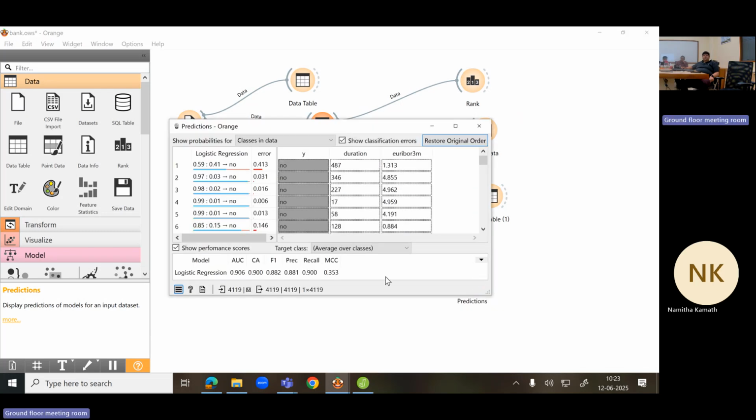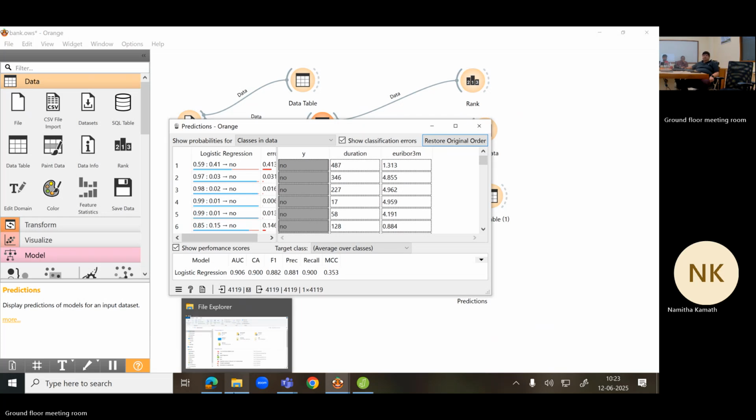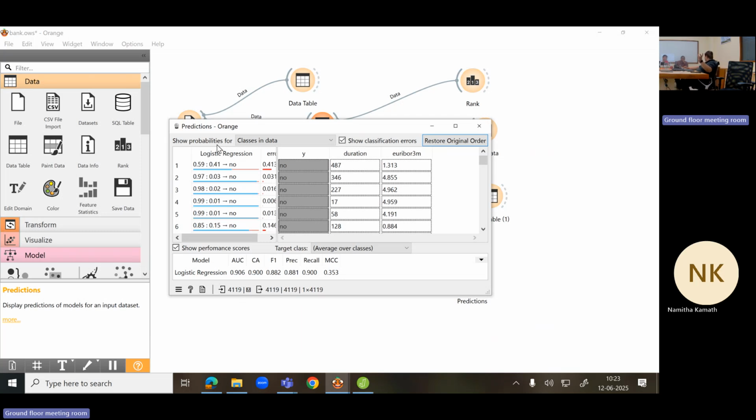If you click on this, you can see that you have the actual value y and the predicted value is also there. Based on the probabilities, you can calculate the probabilities for each record.